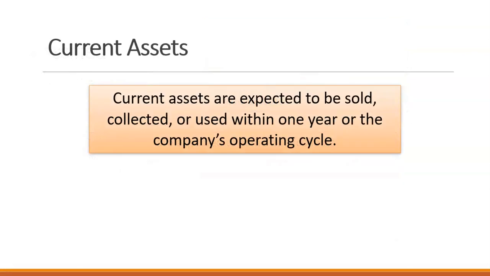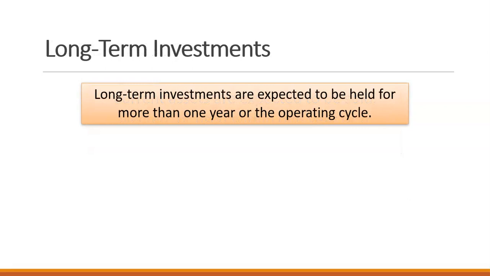Okay? So current assets are those things that are expected to be used up within 1 year. Current assets are cash, accounts receivable, inventory, supplies, prepaid expenses. Long-term investments are expected to be held for a long time. Long-term investments are things like buildings, equipment, land.